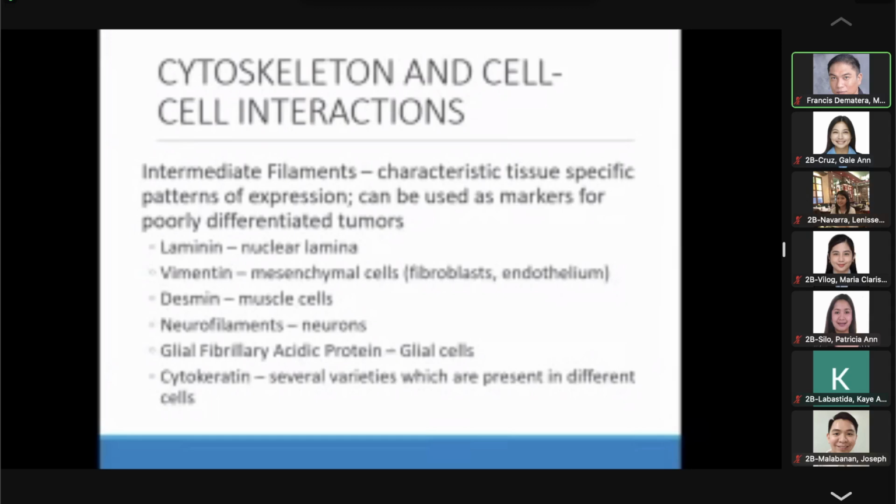So lamin is for the nuclear lamina. Vimentin for mesenchymal cells such as fibroblasts, endothelium, and desmin for muscle cells. Neurofilaments for neurons, glial fibrillary acidic protein for glial cells, and cytokeratin has several varieties which are present in different cells.